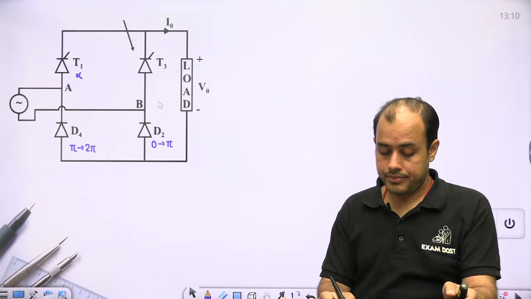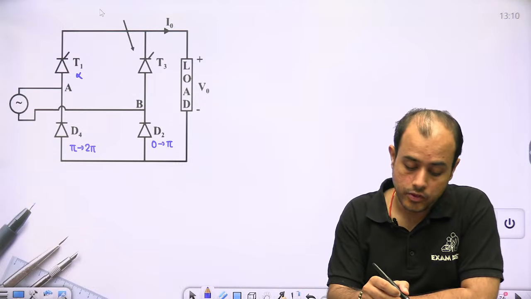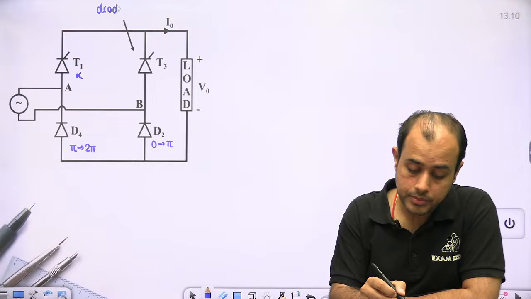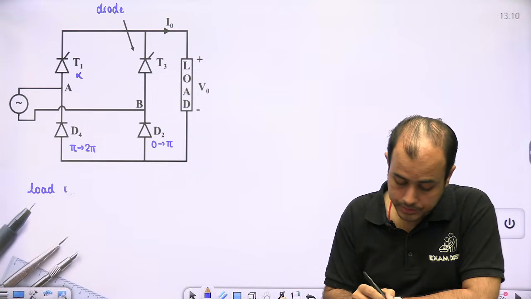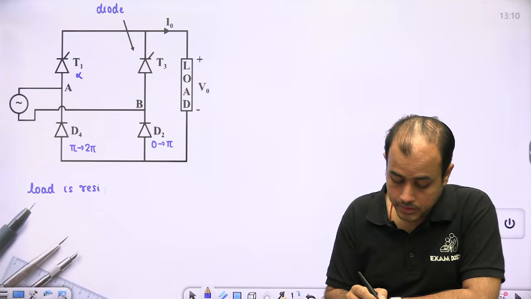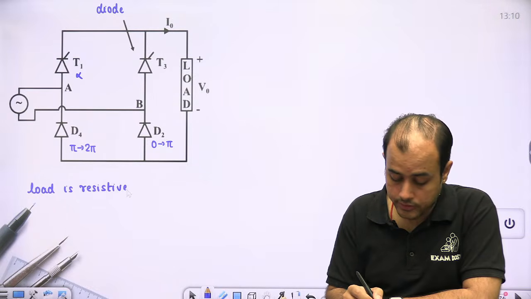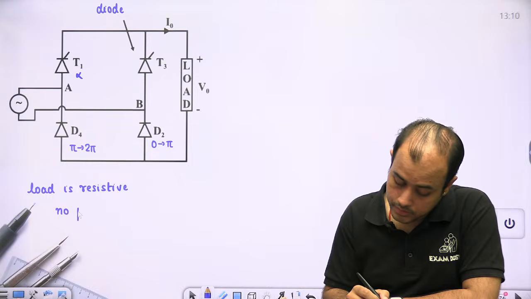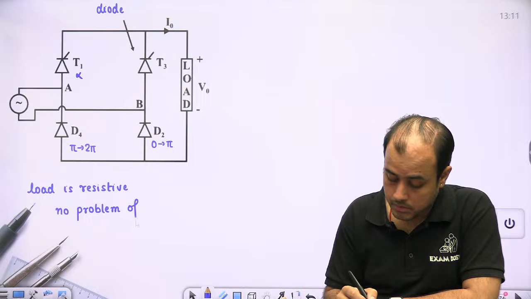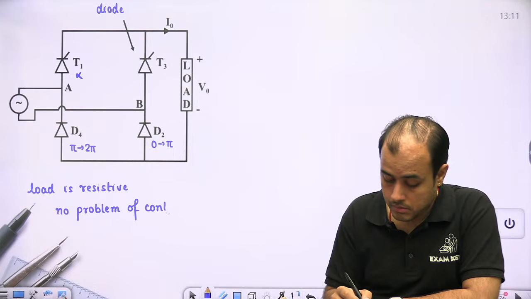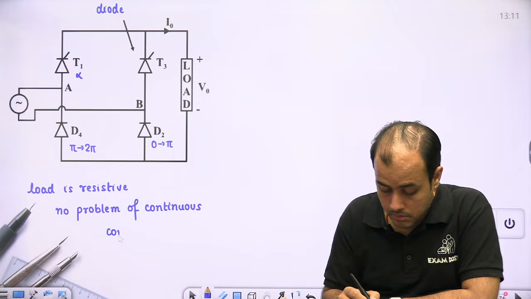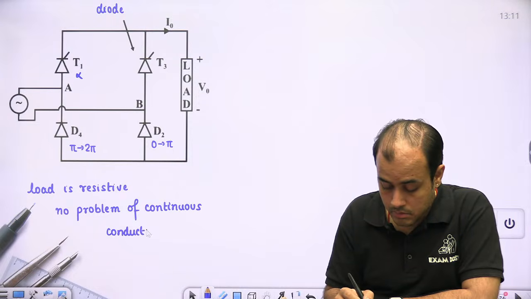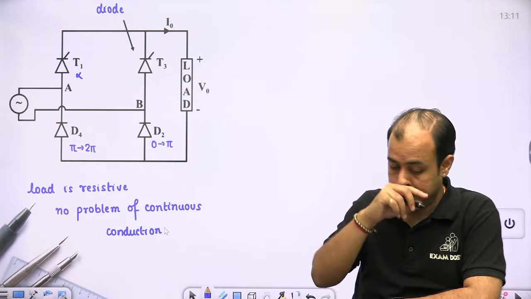Suppose I say that this T3 is also working as a diode. And load is resistive. Okay.